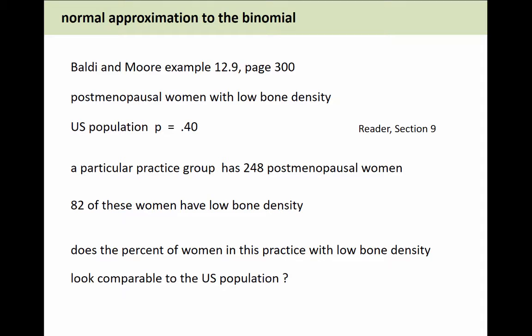And the question Baldi and Moore asked us to look at: does the percent of women in this practice with low bone density look comparable to the U.S. population? And this is on its way to the kind of inference questions we're going to learn how to answer in week 6.